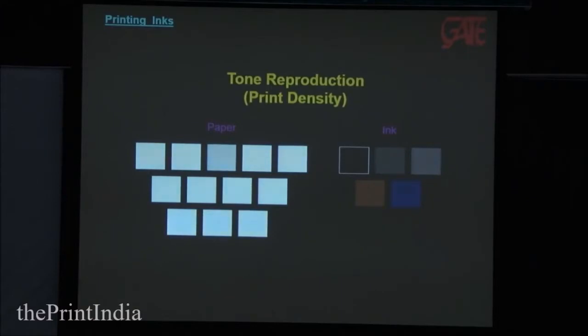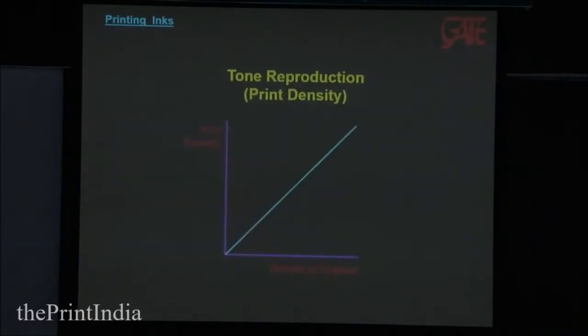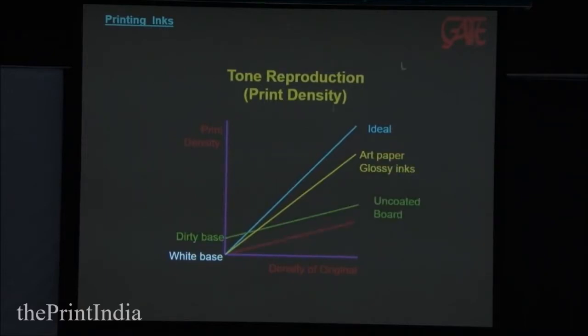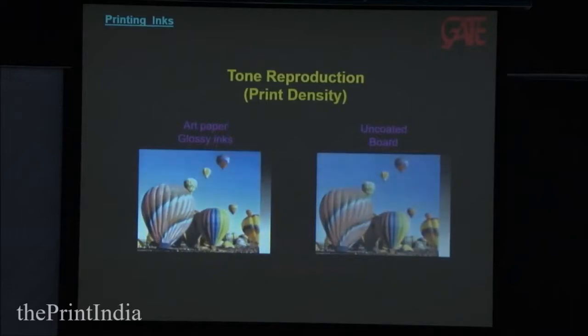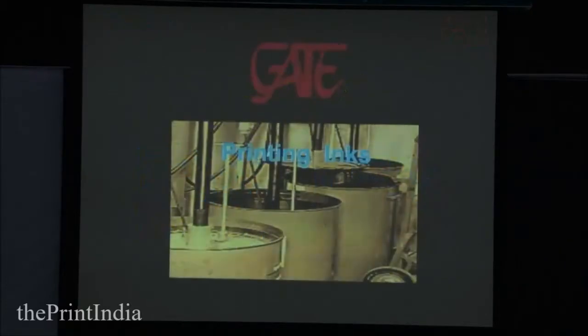You must know the exact color values of those CMYK or special colors, because that decides what kind of tone reproduction we are going to get. Colors will shift if the gray error and hue error are different. So these are the basic slides on printing inks.